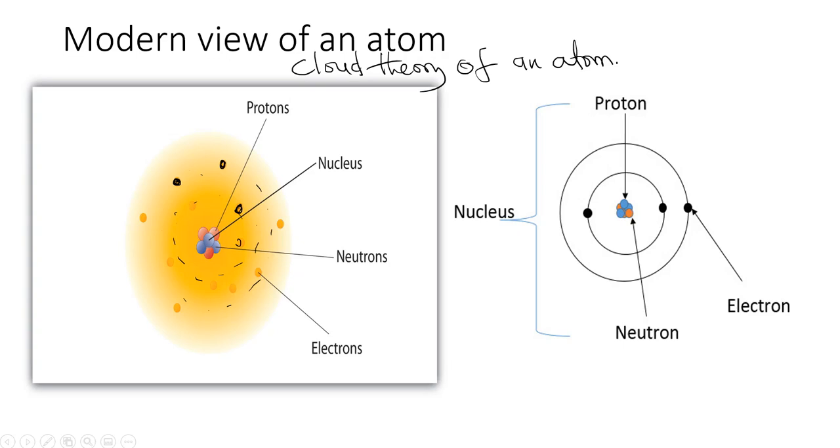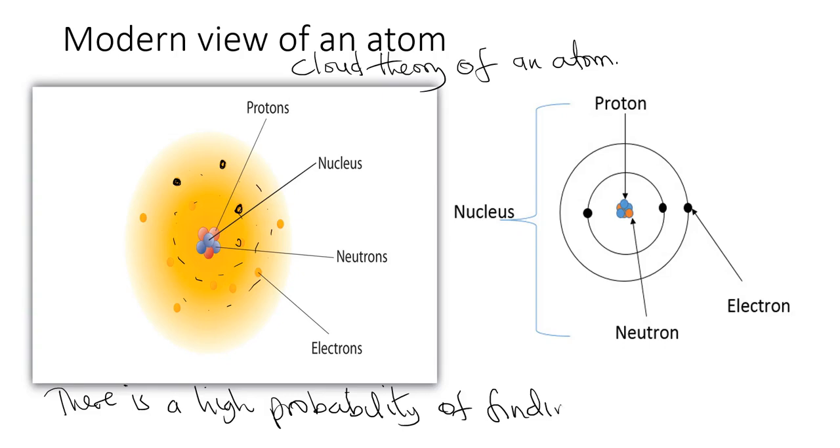electrons. There is no specific location you can find these electrons, but there is a high probability of finding an electron within these electron clouds.